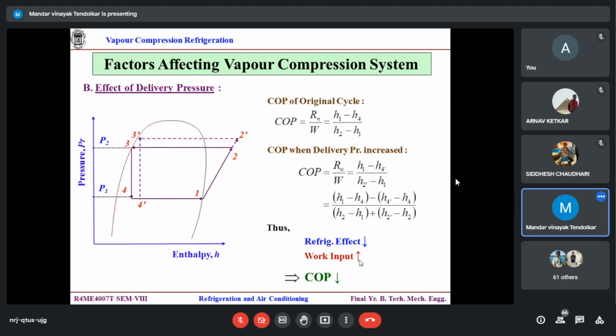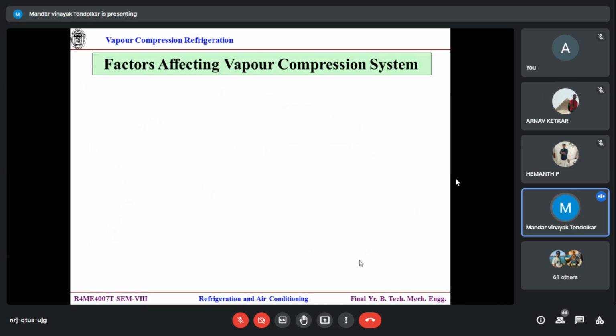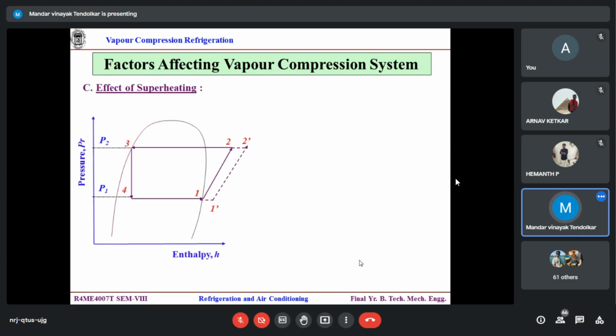Do you agree? And compressor work is increased. Yes, sir. COP will decrease. So the refrigeration effect is reduced, work input is increased, so COP is reduced. Further, the question arises, why stop here? Okay, fine. You go up to this part, subcooled.